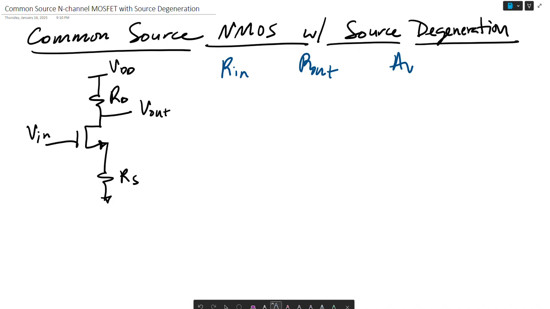In order to do that, we need to consider the small signal model of the transistor and what it looks like, and do the small signal analysis.